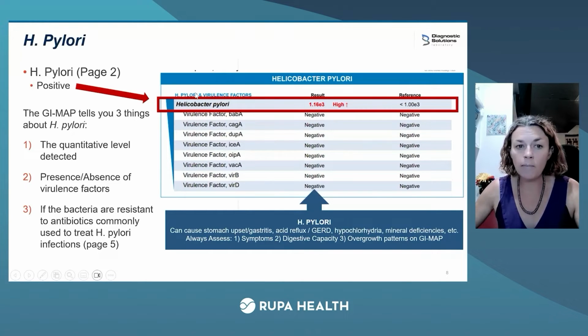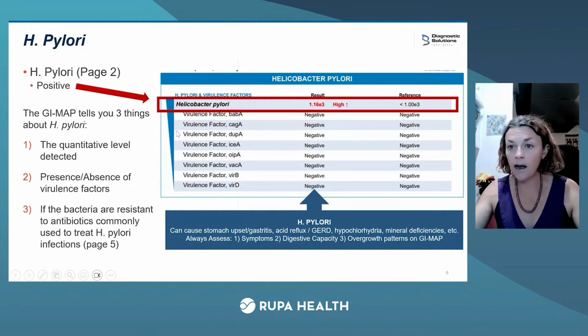On the GI map, you're going to get essentially 3 buckets of data when it comes to H. pylori. Number 1, you're going to get the level detected. So in this example we're looking at here, 1.16 E to the third, that is equivalent to 1,160 microorganisms per gram of stool.